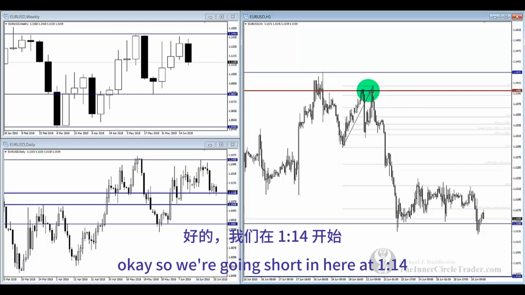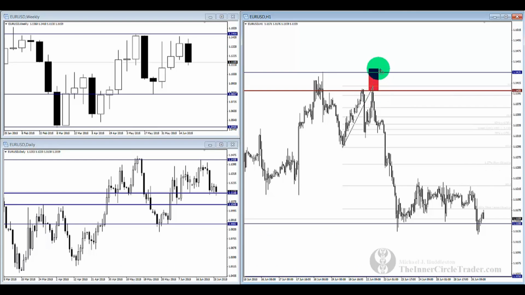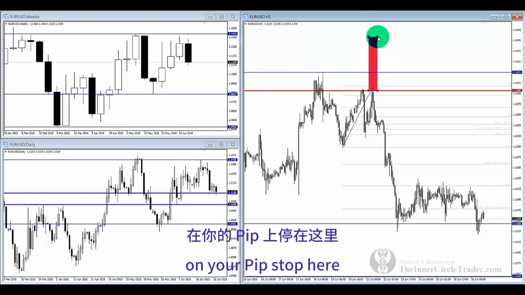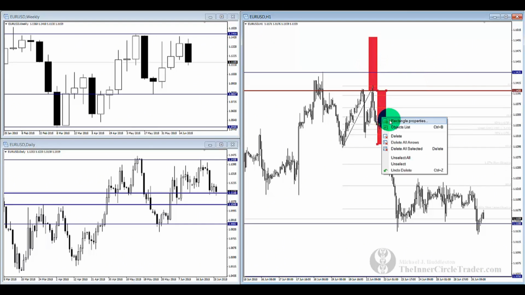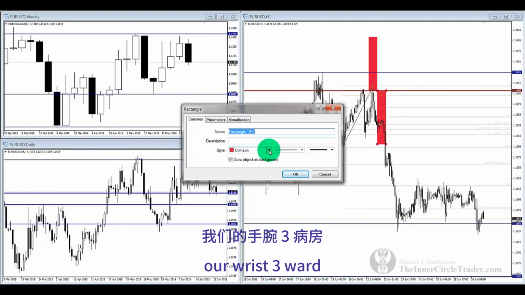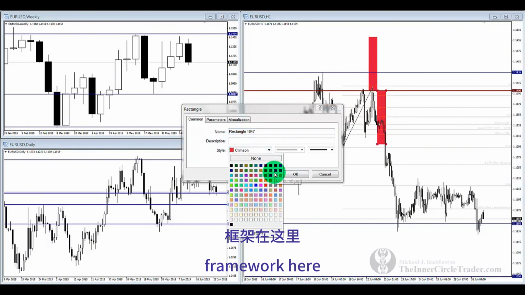So we're going short in here at 114, with a 100 pip stop here. Our risk to reward framework here.